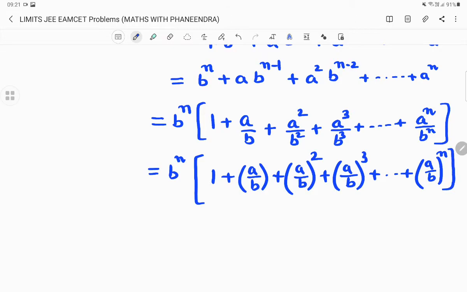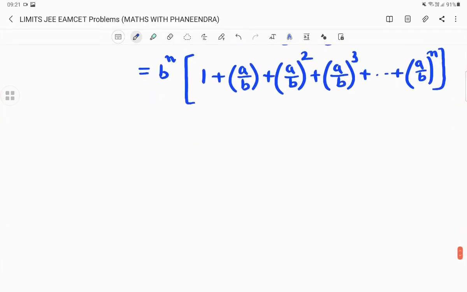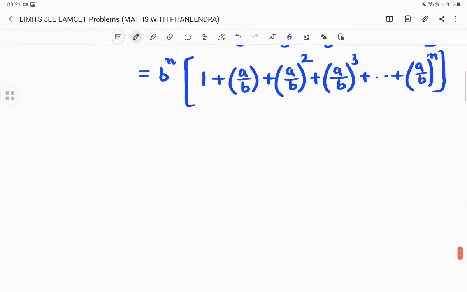So when n terms are there, n plus 1 total, it can be written as: sum to n terms in the GP is a into 1 minus r power n by 1 minus r.